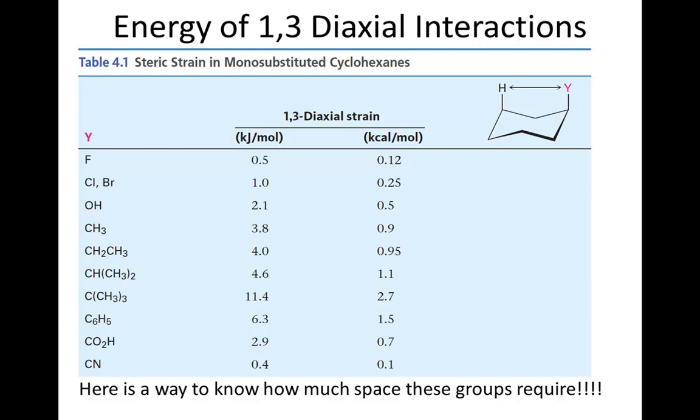And so this table is for one 1,3-diaxial interaction. Remember that there actually are 2 hydrogens that it could be interacting with at the same time. So if you're talking about a cyclohexane with just one group on it, there's actually twice this much energy required for it to be in an axial position.